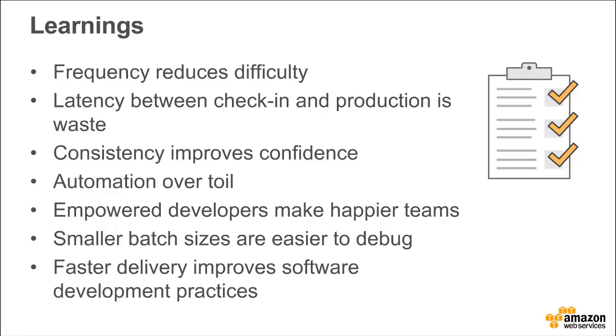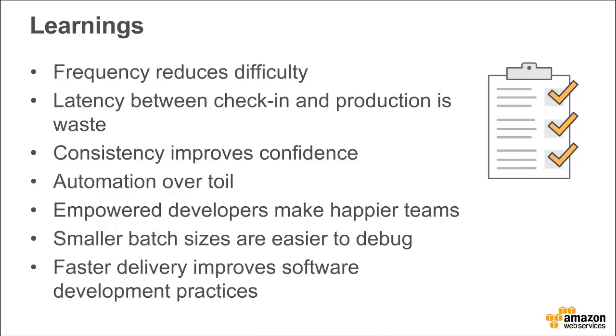Next, consistency improves confidence. So when you're deploying to production, perhaps on day one, your deployment procedure is, well, we take this file and we SCP it or use SSH to send it to production, and that's our deployment procedure. Over time, that tends to grow, right? Processes tend to grow.